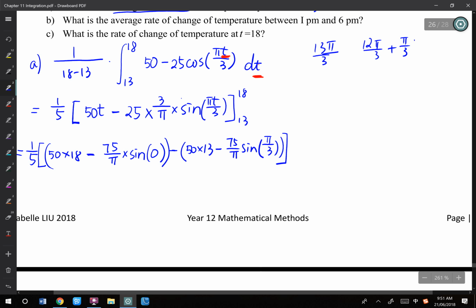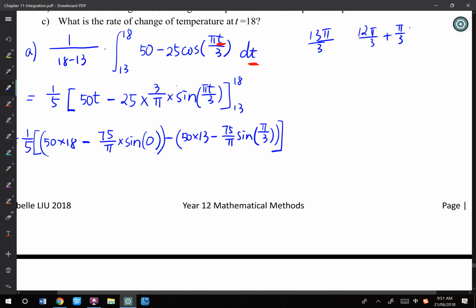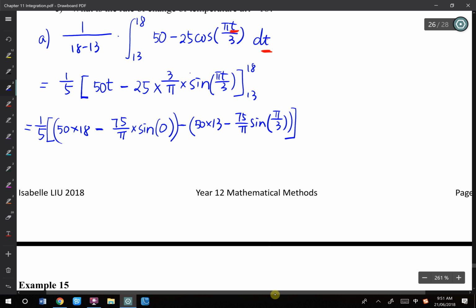Right, 4 pi can just disappear, like 2 periods. So 13 pi over 3 is 12 pi over 3 plus pi over 3. So that's just pi over 3. What we'll have is this one will be 0. Okay, sine 0 is 0.